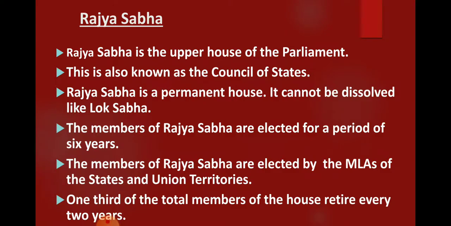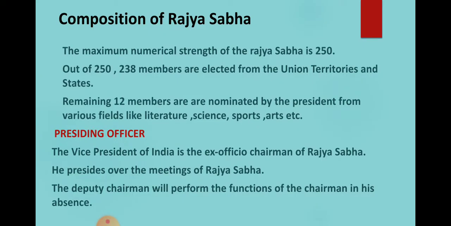Now the next topic is the composition of Rajya Sabha. The maximum numerical strength of Rajya Sabha is 250. Out of this 250, 238 members are elected from union territories and states.